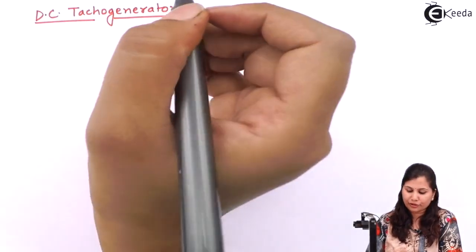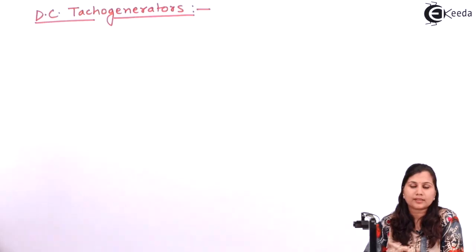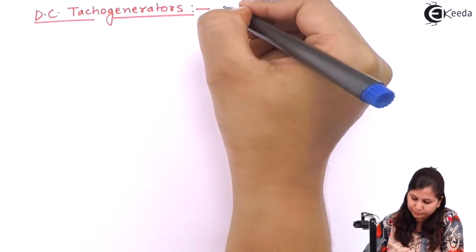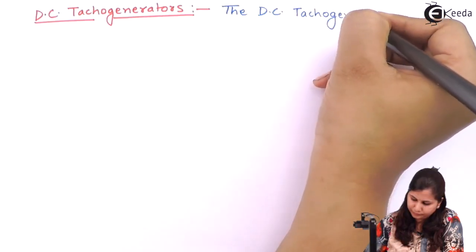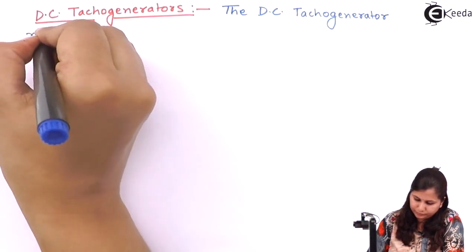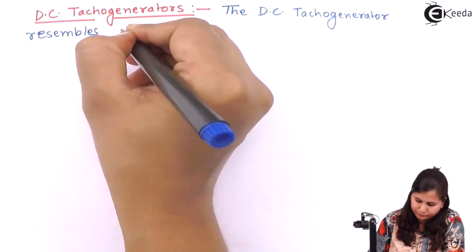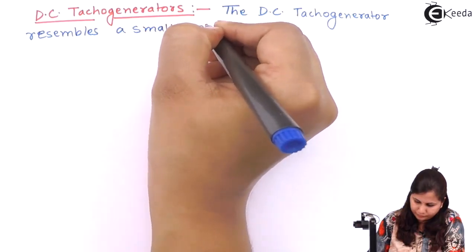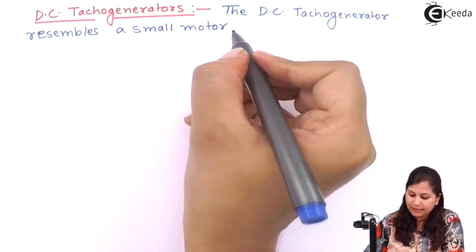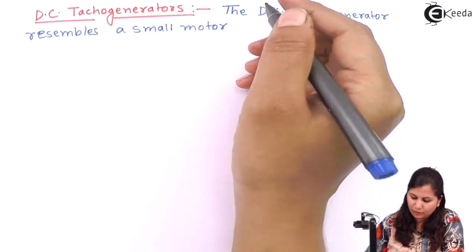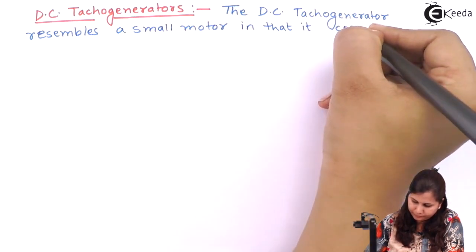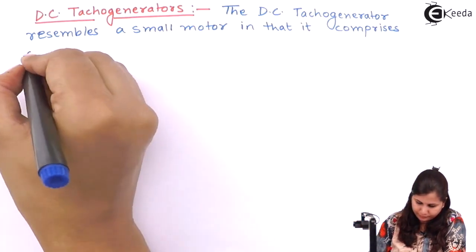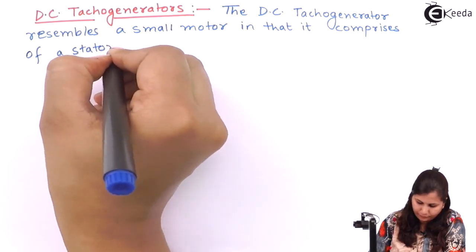The DC tachogenerator resembles a small motor, and this small motor comprises a stator.